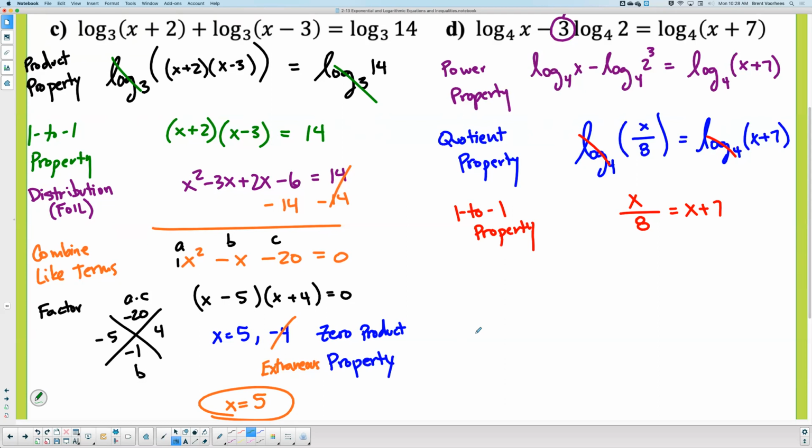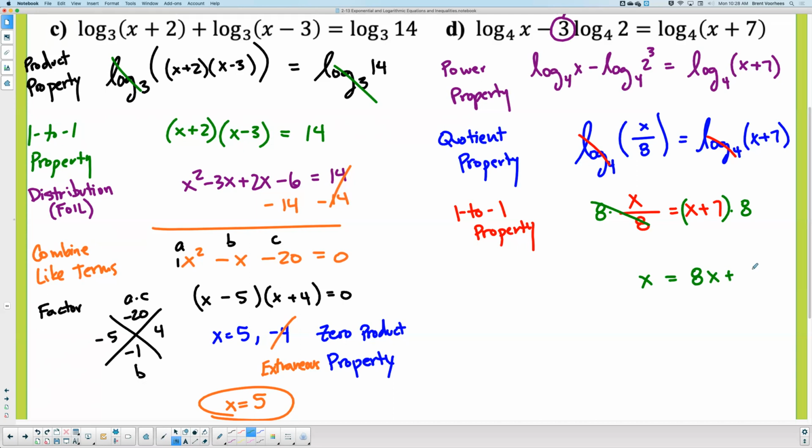Now what? Abdiel, what would you do from here? Multiply by what? Good job. We're going to multiply by 8. Multiplication distributes. So that will cancel there. And so I now have x equals, what's 8 times x?